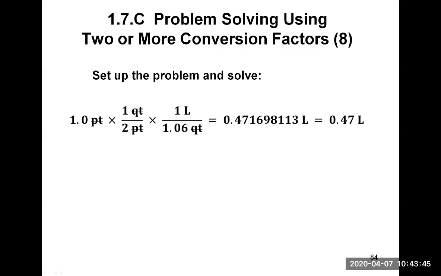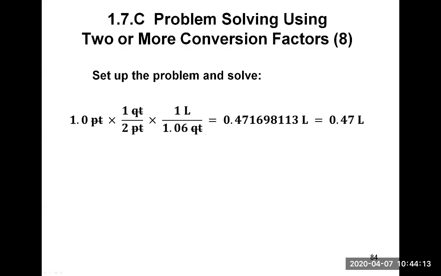It has 3 sig figs, the 1, the 0, and the 6. And finally, the given amount is 1.0. In 1.0, there are 2 sig figs, the 1 and the 0. The 0 is significant here because we see the decimal point. So here we have 2 sig figs in the 1 pint and 3 in 1.06 quart.